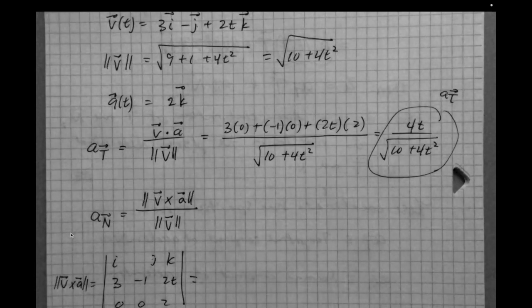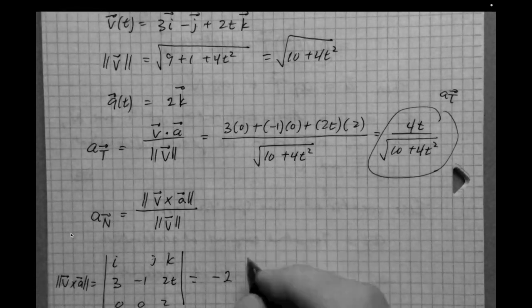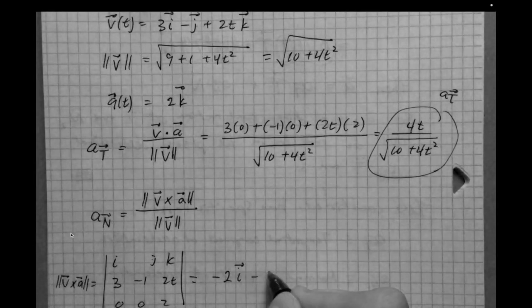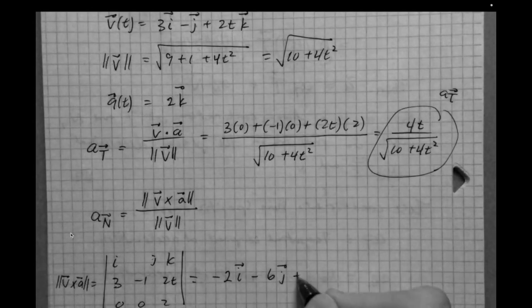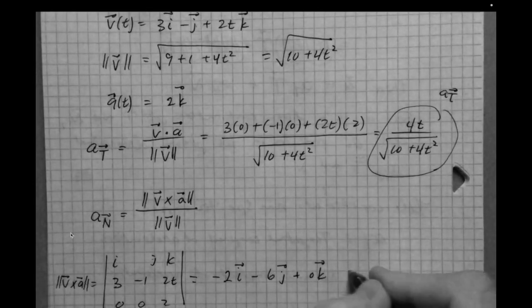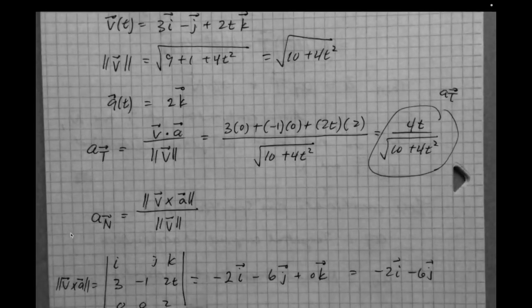It's going to be negative 2 times i minus 6 times j plus 0 k. So we got negative 2i minus 6j. That's v cross a.